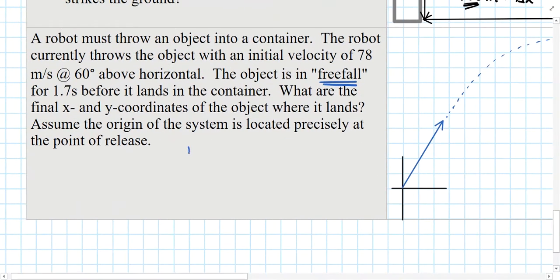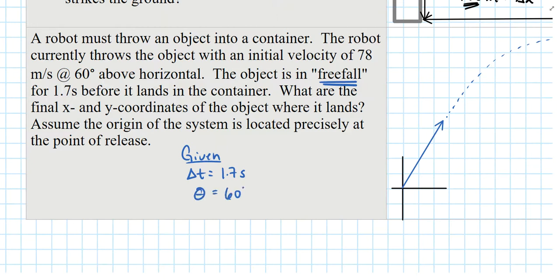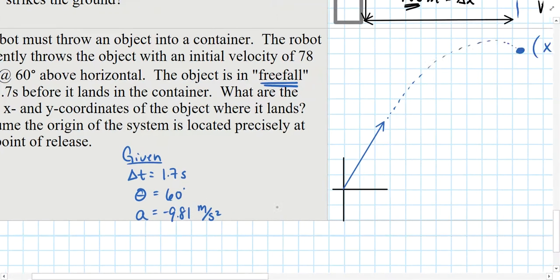So if it's not immediately clear with the diagram or in the problem, let's try to note our given information. First off, we know that this object is being tracked for 1.7 seconds. The angle of release is 60 degrees, and the acceleration on that object due to gravity is 9.81 meters per second squared.